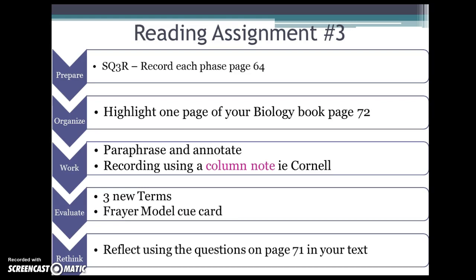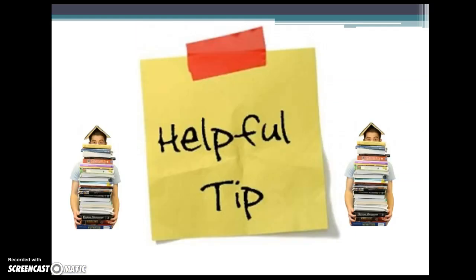You're going to take 3 new terms in your bio book, for example, and you're going to create cue cards, but you're going to use the Frayer model, which I'll show you in a minute. And then you're going to finally reflect using questions on page 71 in your textbook to reflect on your reading. So there is a detailed description of the assignment in the assignment section. If this was very confusing, please just pause this video, open up Blackboard assignments, and open up the reading and note making assignment number 3.